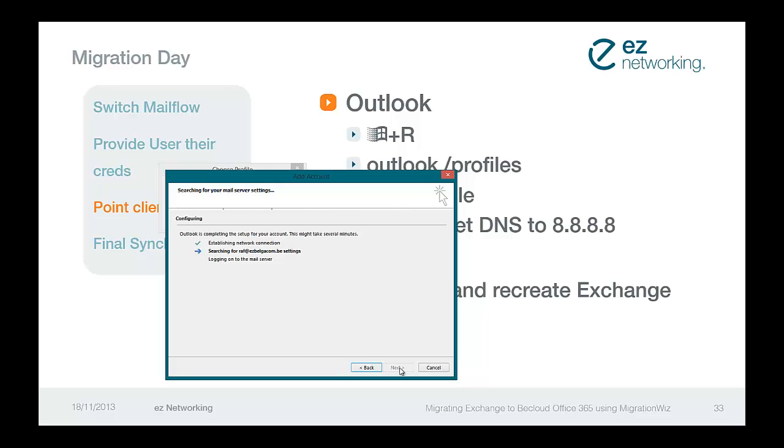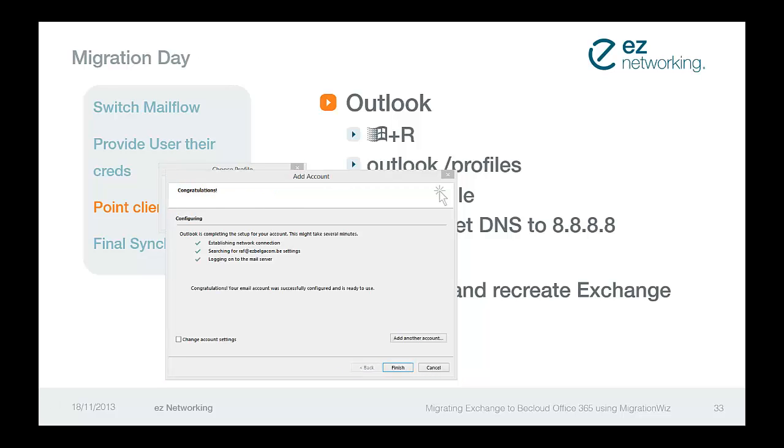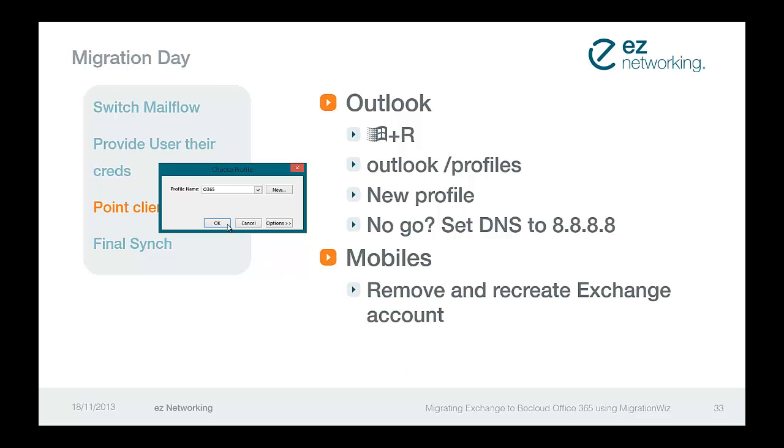So now it's not requesting the settings from our internal DNS server, but from the Google DNS, which I've used, 8.8.8.8. You can also use the DNS service of Belgacom, of course, but 8.8.8.8 is a bit shorter. Okay, I'm logged in. Finish.